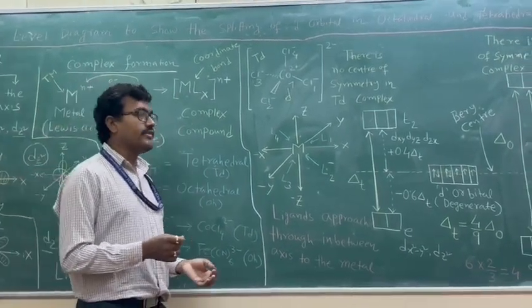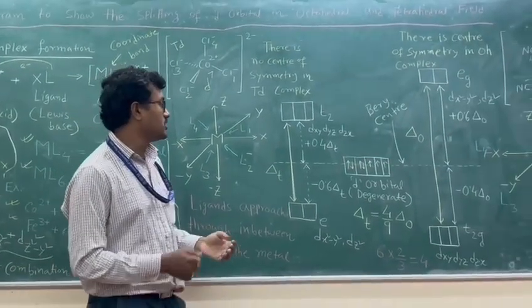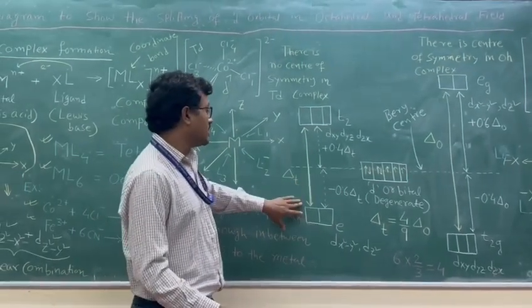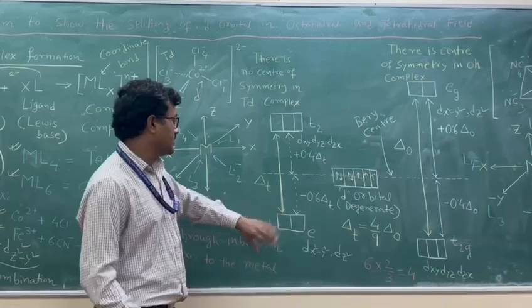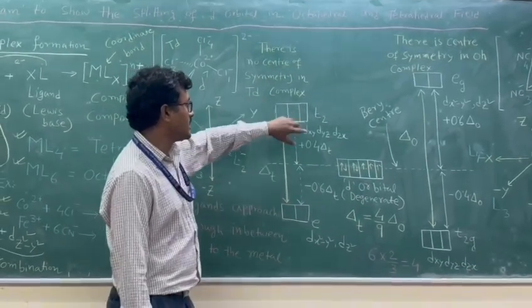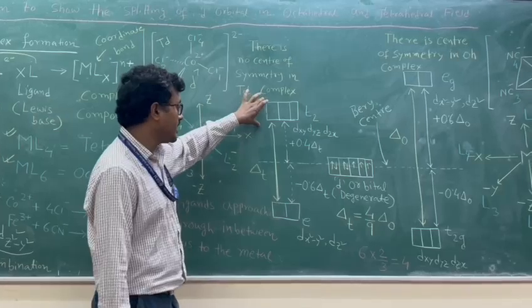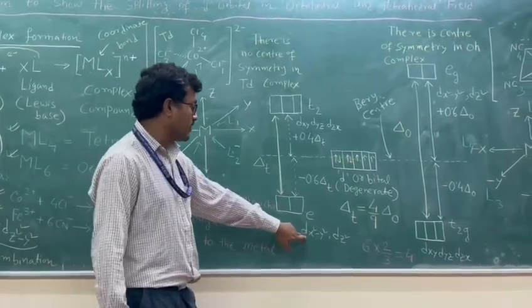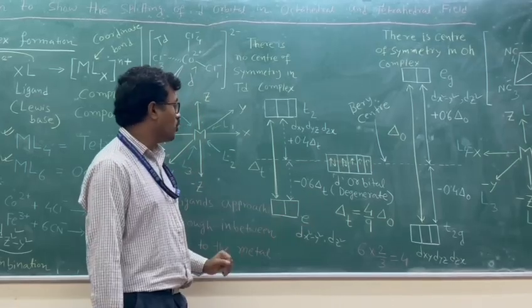Since we have a law in physics, conservation of energy, to maintain that law, the energy of the other d orbitals will be decreased, right? Then what will happen? Now these 3 orbitals dxy, dyz, dzx, their energy is high, and the other 2 d orbitals, dx square minus y square and dz square, the energy will be low.